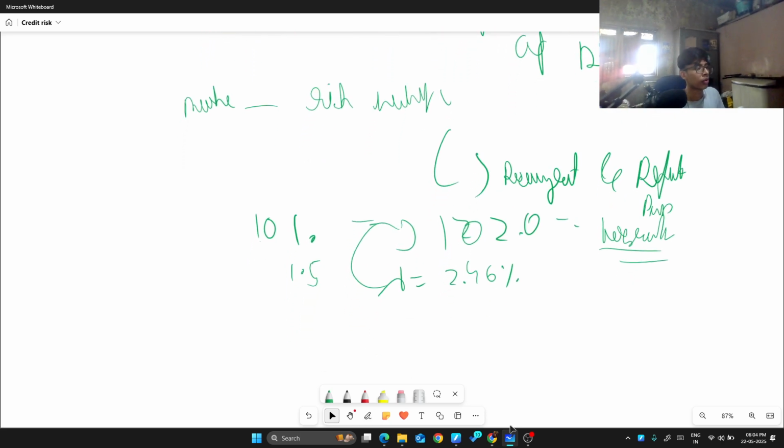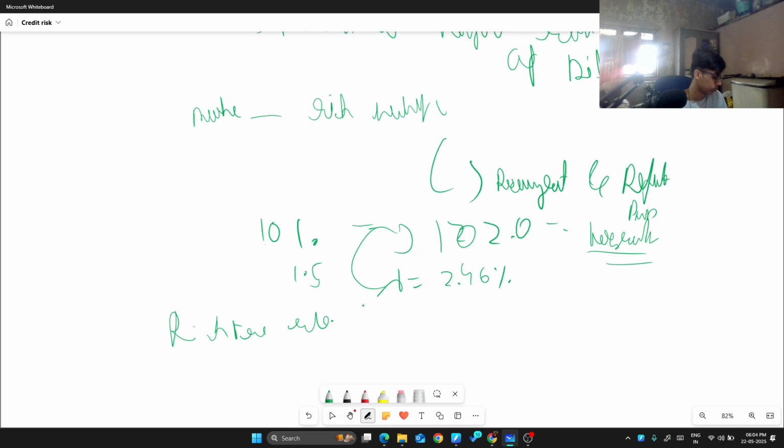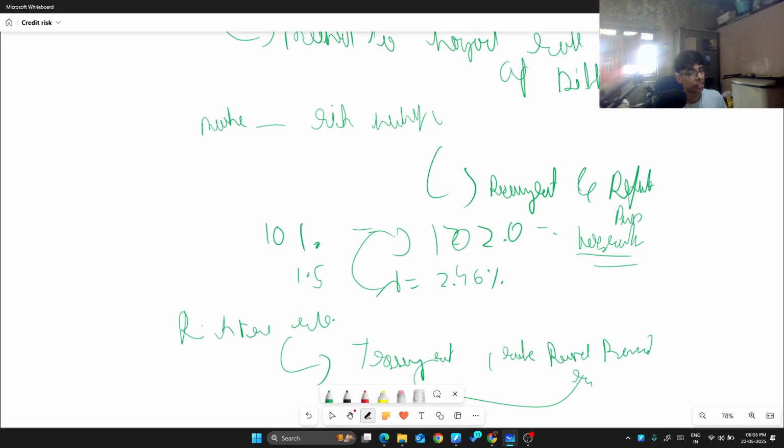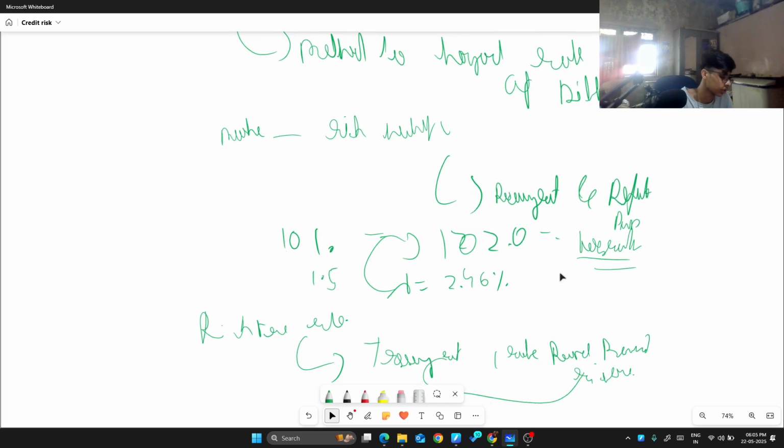Now let's talk about the risk free rate. Generally the treasury rate, or the rate of a government bond, that is a treasury bond, is considered the risk-free rate, and we know what the risk-free rate is, so we will not discuss this.